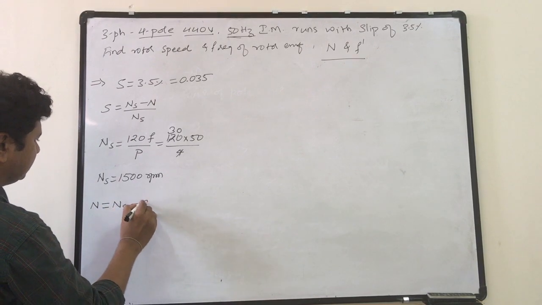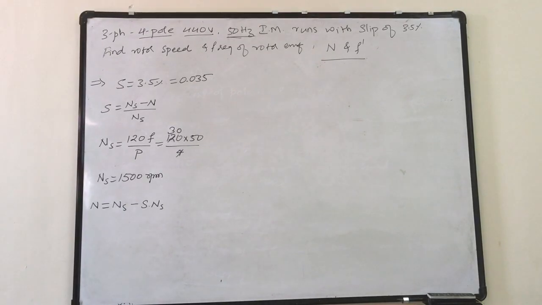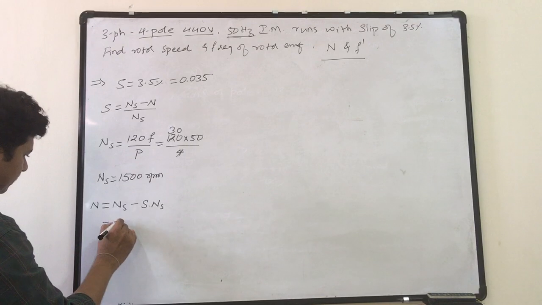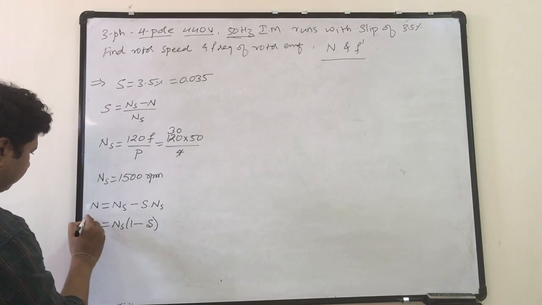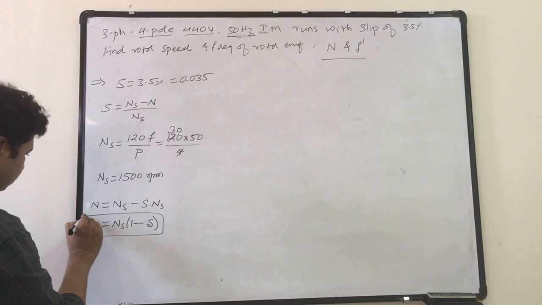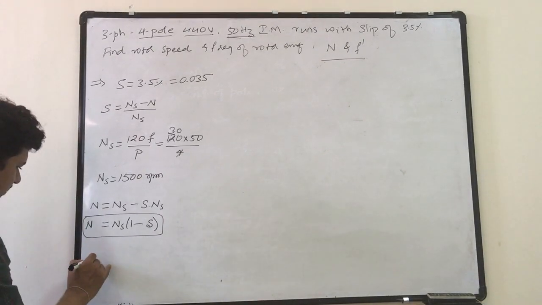From this equation, I can write N is equal to Ns minus S into Ns, or Ns into 1 minus S. This is also an important formula, you can note it. Now substitute all the values.